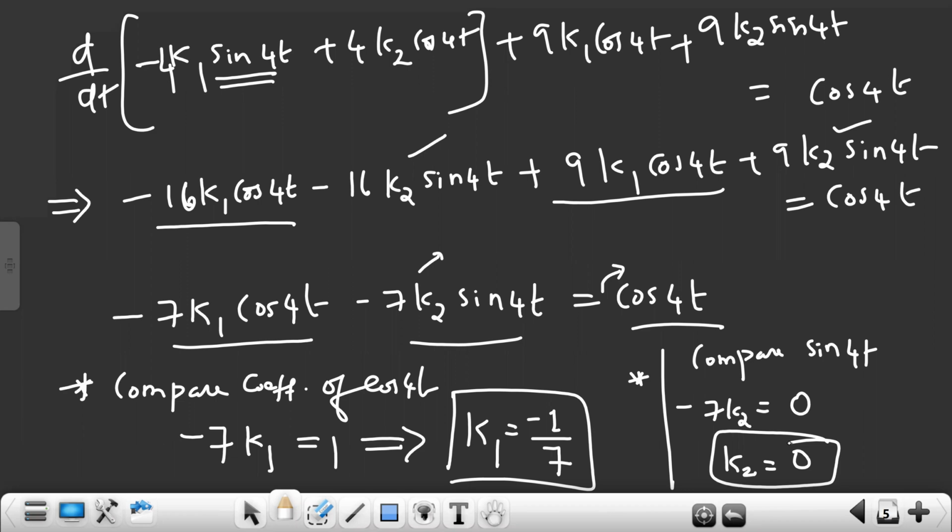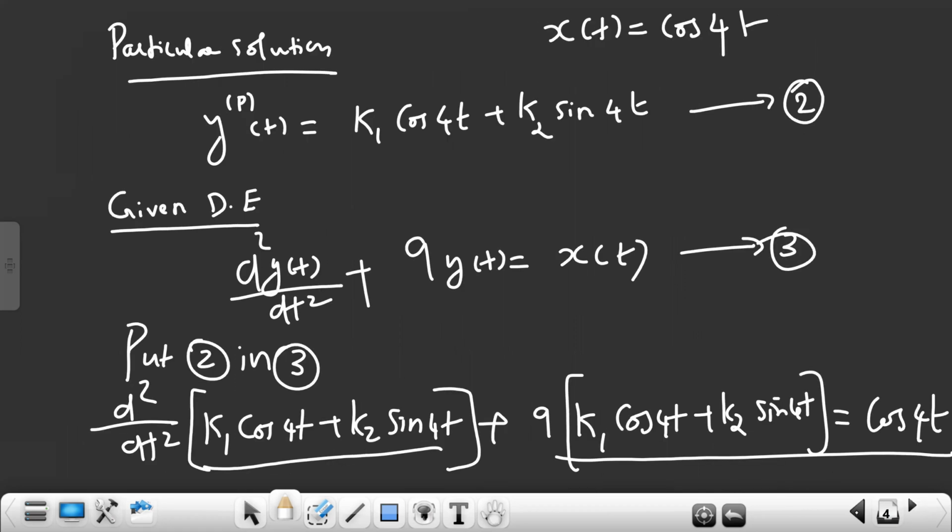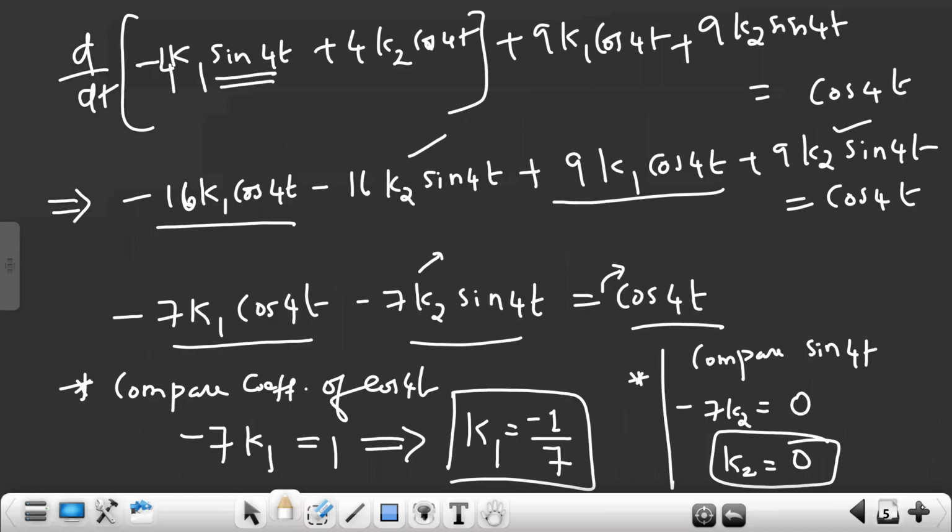Now after finding K1 and K2, what do we have to do? Substitute in equation 2, where we have written our particular solution. Now, Shruti, you tell me what is your particular solution?